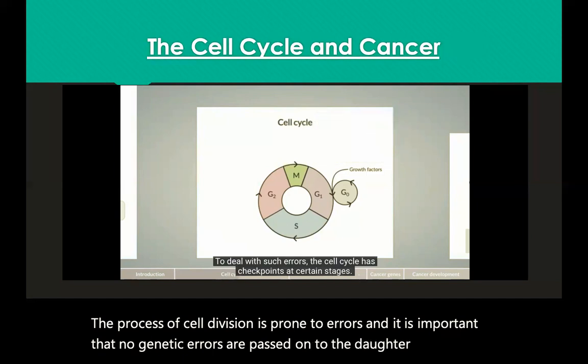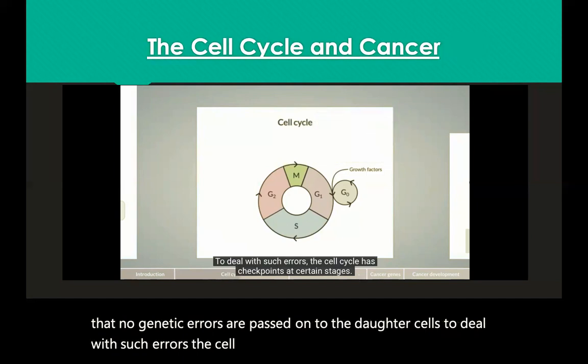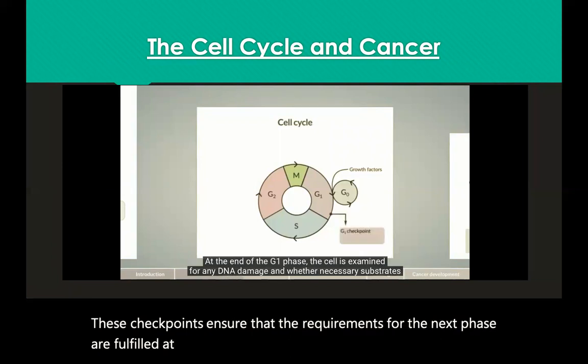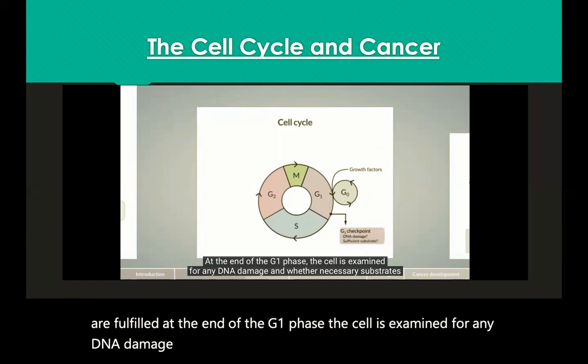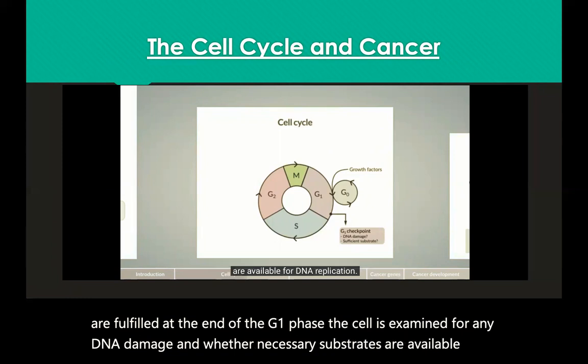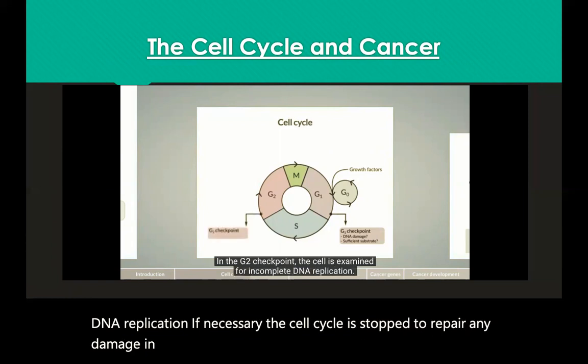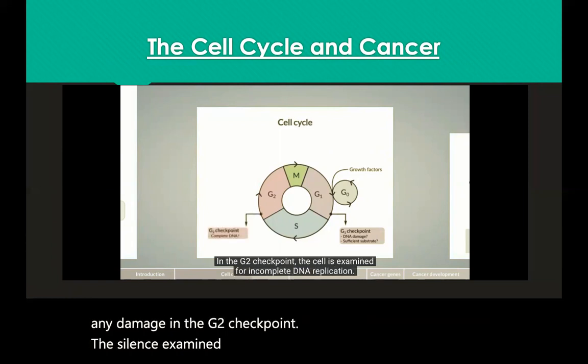To deal with such errors, the cell cycle has checkpoints at certain stages. These checkpoints ensure that the requirements for the next phase are fulfilled. At the end of the G1 phase, the cell is examined for any DNA damage and whether necessary substrates are available for DNA replication. If necessary, the cell cycle is stopped to repair any damage. In the G2 checkpoint, the cell is examined for incomplete DNA replication.